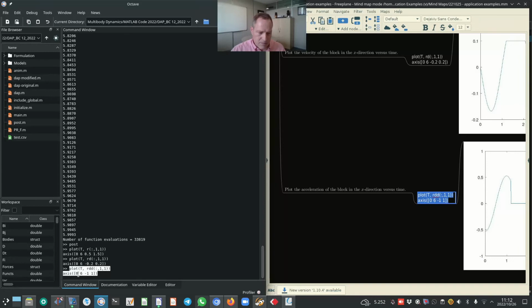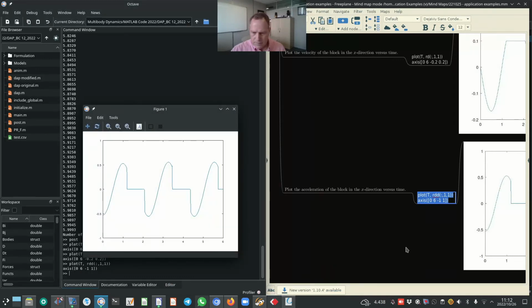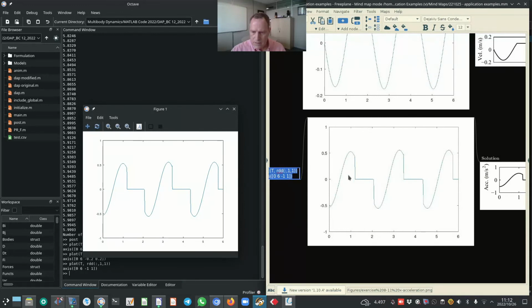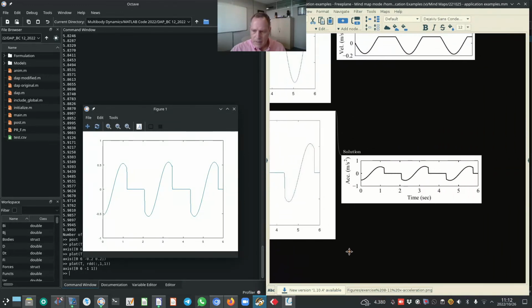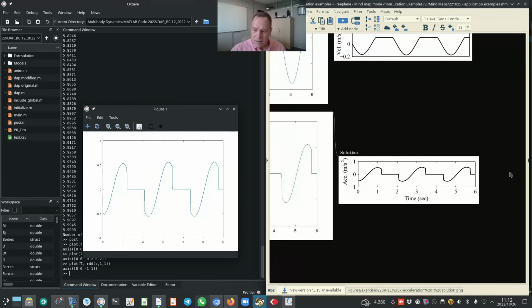And as before, we once again scale the axes of the plot. So let me enter that. And this is once again copied in the mind map, and it corresponds visually to what Prof. Nikravesh reports.